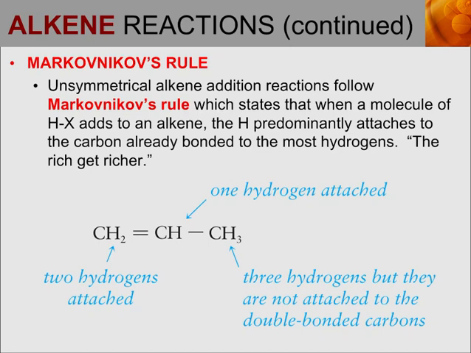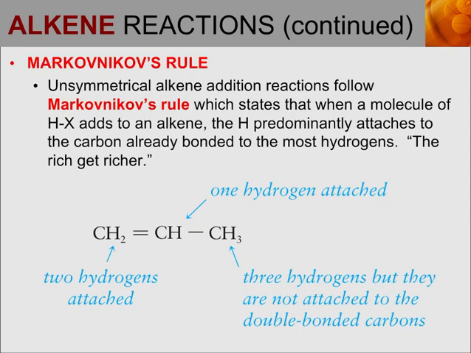All right, now we're going to go on to the next type of reaction, but before we do, we have to talk about something called Markovnikov's rule. This is named after a Russian chemist, and he did experiments on unsymmetrical alkenes, or asymmetrical alkenes.